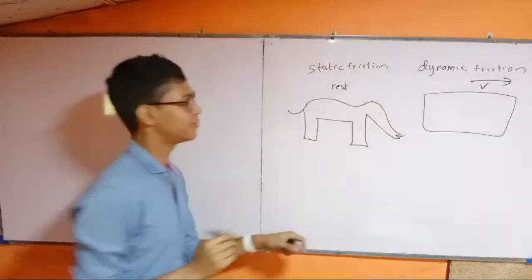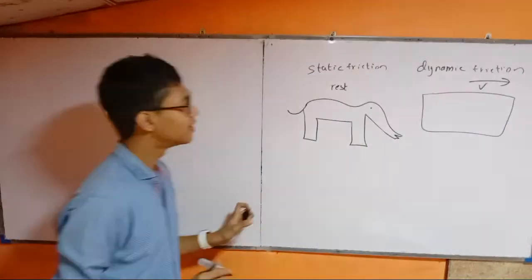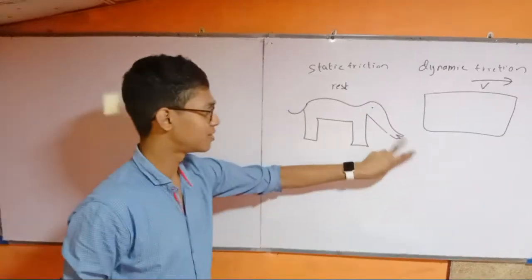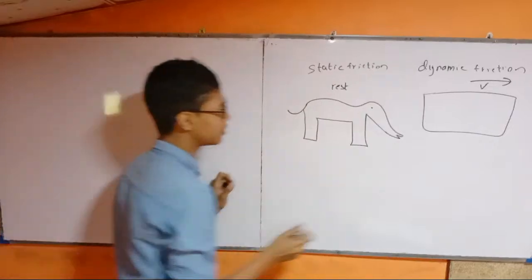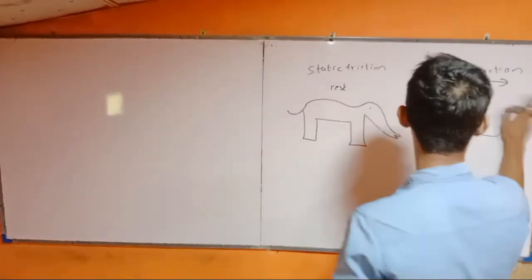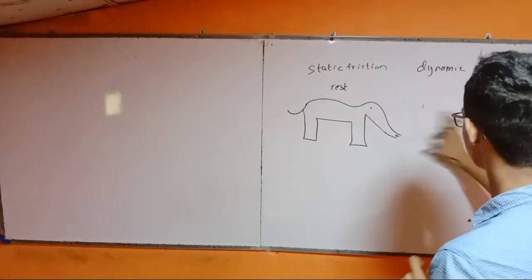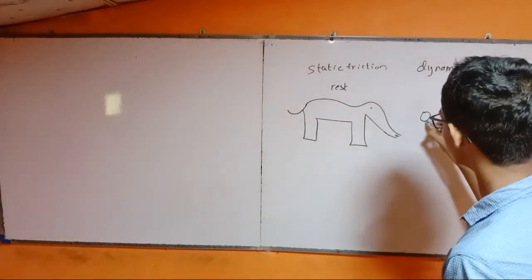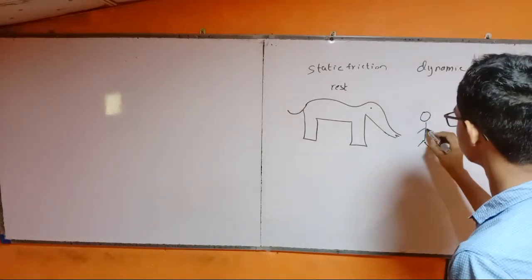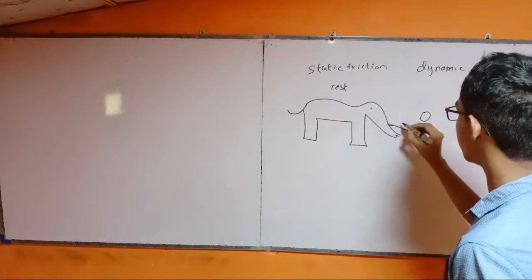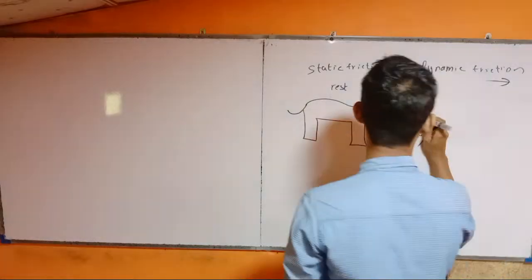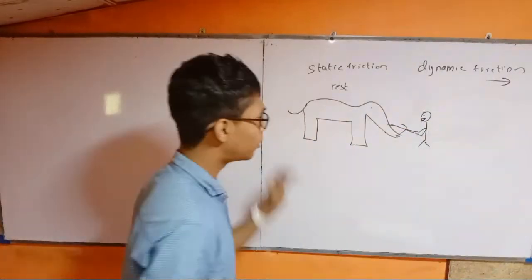Not an anteater, an elephant. Now, this is you. You're pulling a rope here, in that direction.